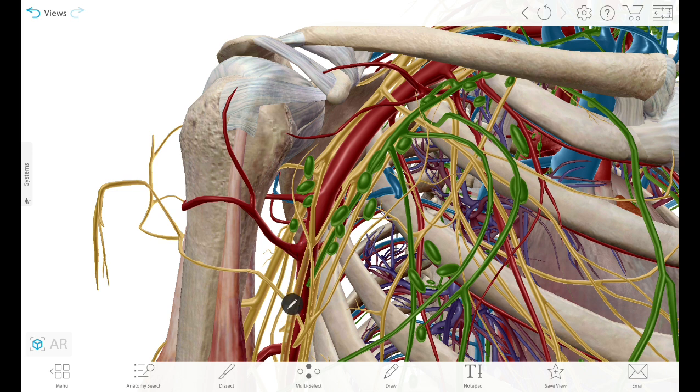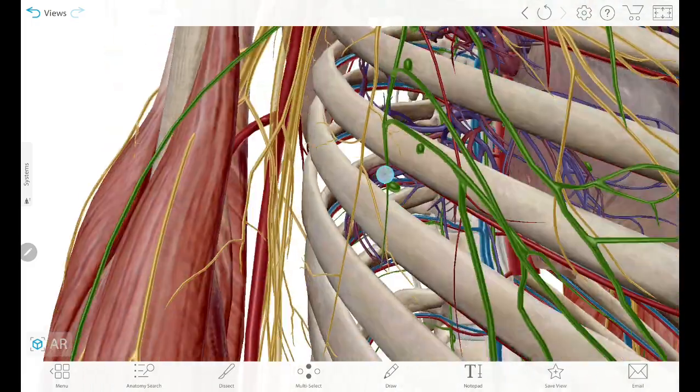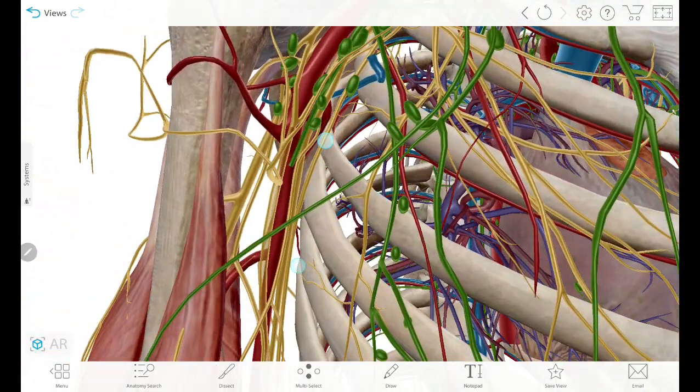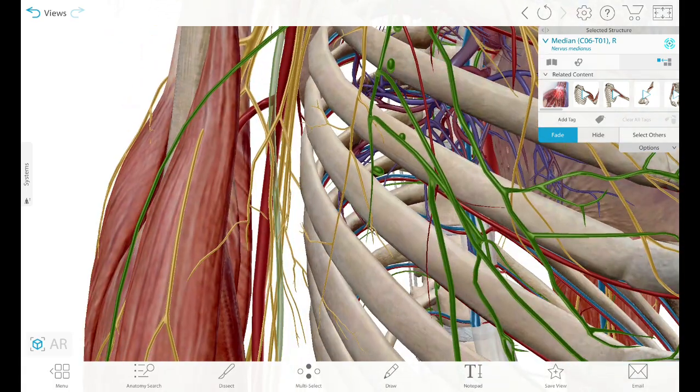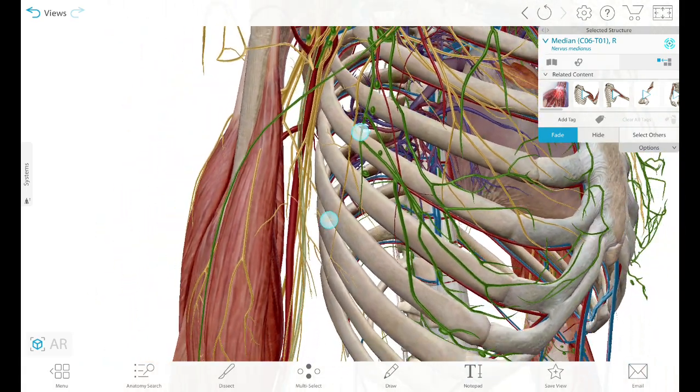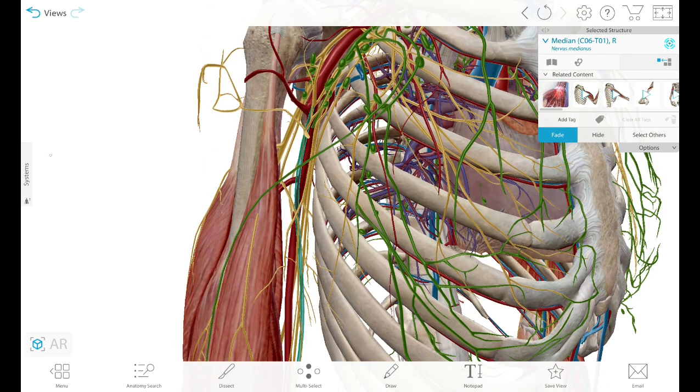So this over here is the median nerve. Now the median nerve descends, and first it lies lateral to the axillary artery.